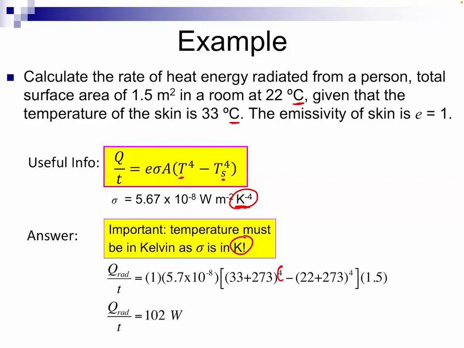Don't forget to raise the temperatures to the exponent 4. Emissivity is equal to 1. The constant is 5.7 times 10 to the minus 8. Right, that's T to the 4, surroundings to the 4, and then the area, 1.5 meters squared.